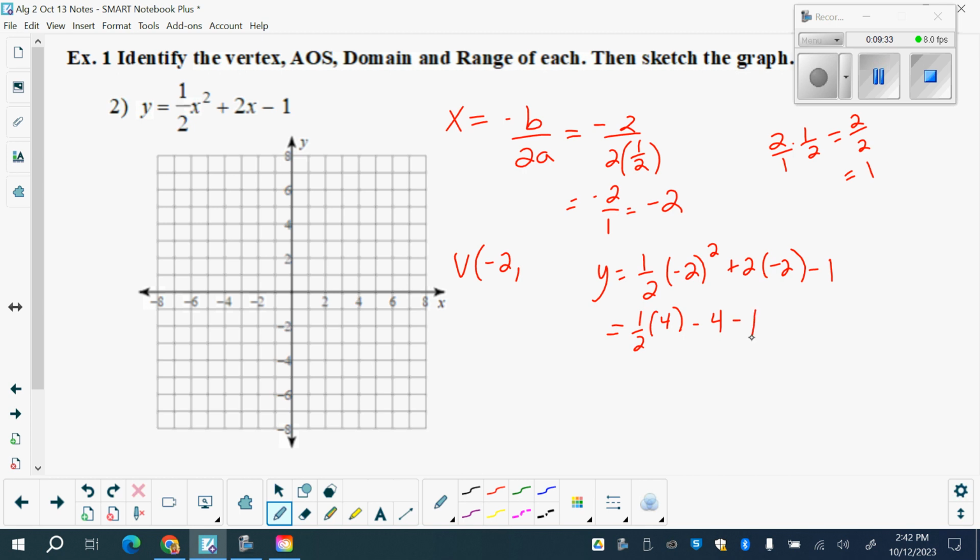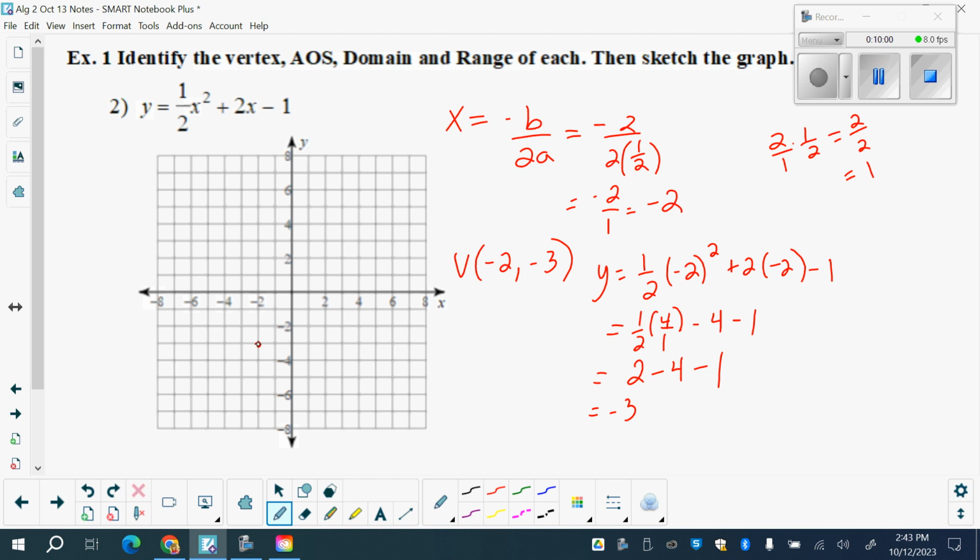So this 4 is a 4 over 1. 1 times 4 is 4, over 2 times 1 is 2. And that gives us 2 minus 4 minus 1. What does that give us when we simplify? Negative 3. So negative 2, negative 3 is our vertex.